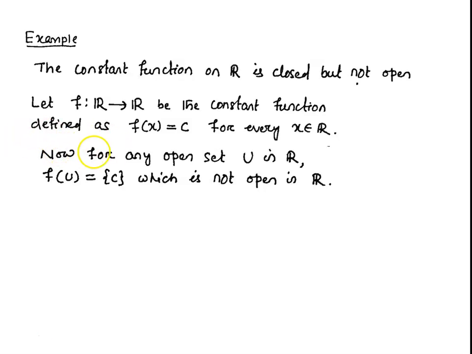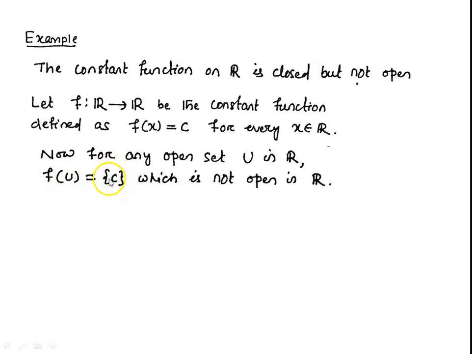Now for any open set U in R, f of U is equal to {c}, because f is a constant function. Image of every point in R is c. So f of U is the singleton set {c}.